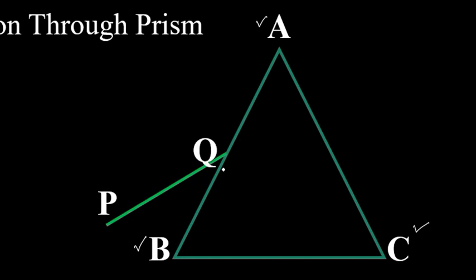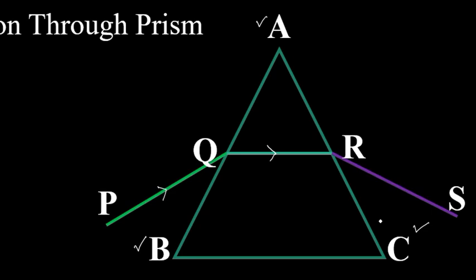At the first face of the prism, PQ is the incident ray and QR is the refracted ray. But in the second face of the prism AC, QR is the incident ray and RS is the refracted ray.